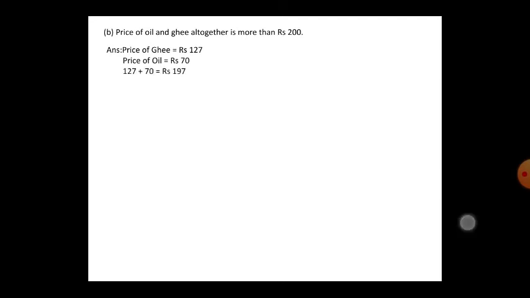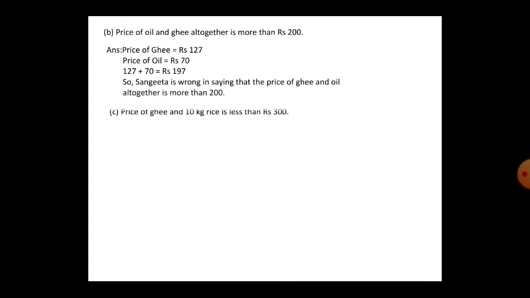So it is less than 200. 197 is less than 200. So Sangeeta is wrong in saying that price of ghee and oil altogether is more than 200.